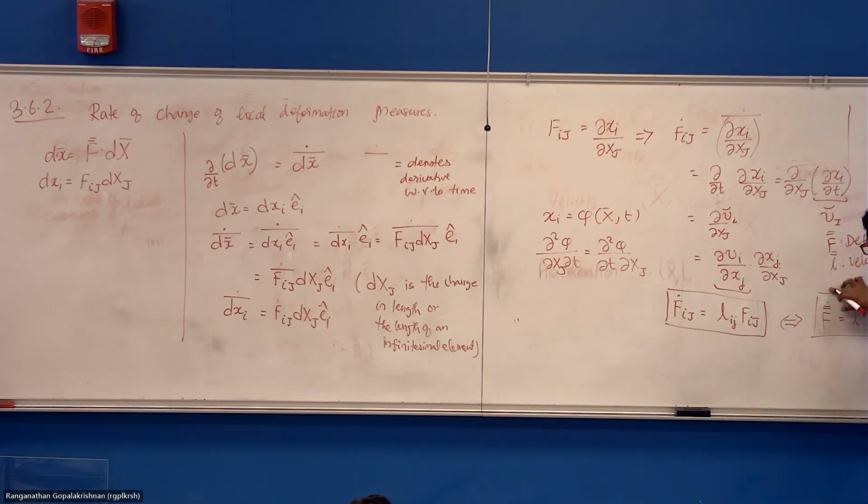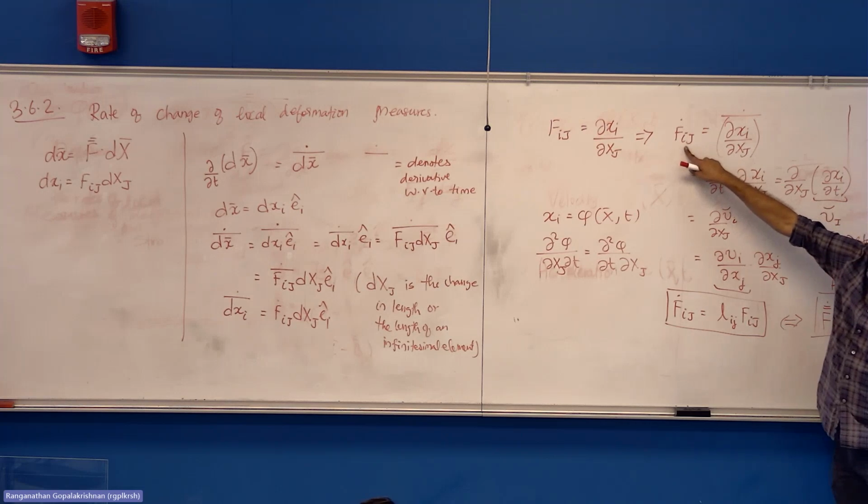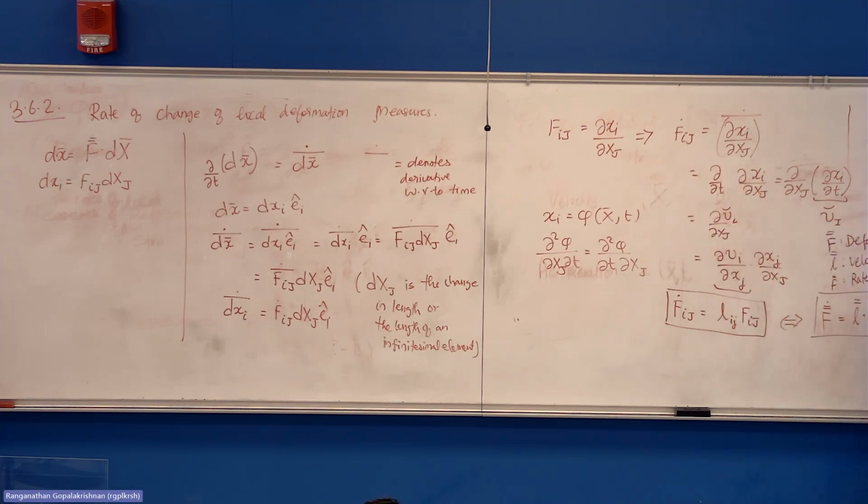F dot is the rate of deformation tensor, and would it be spatial, mixed, or material? Would be material. I'm sorry, it would be mixed because I already wrote it here. L will also be mixed.